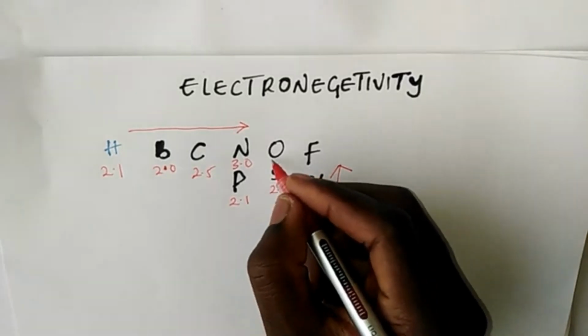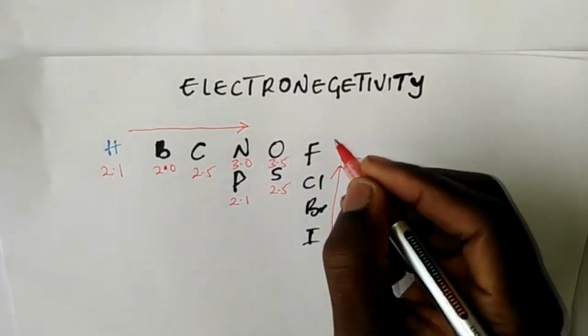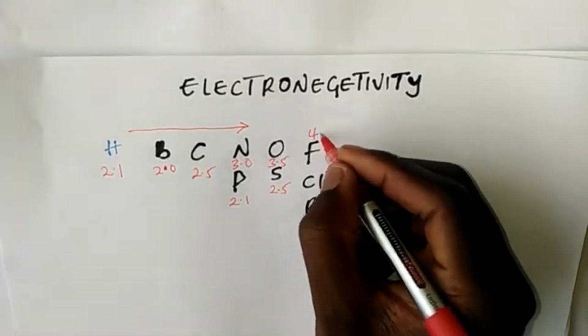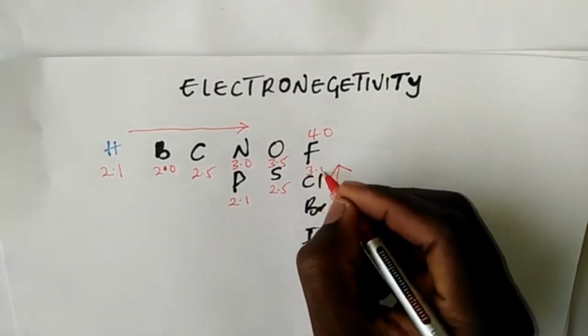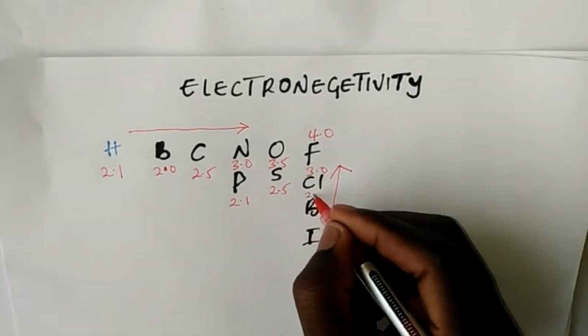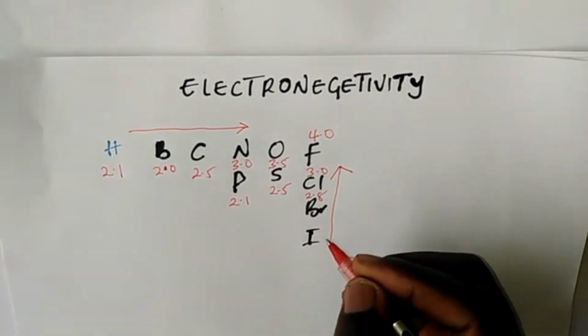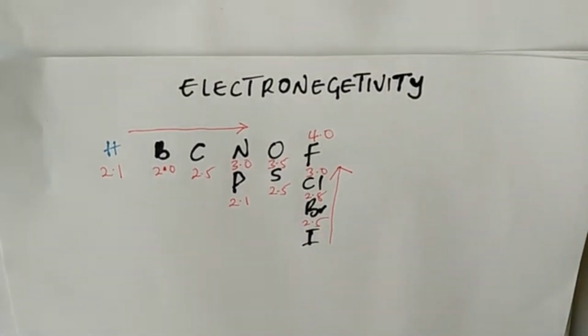Electronegativity of oxygen is 3.5, and electronegativity of fluorine is 4.0. That of chlorine is 3.0, that of bromine is 2.8, and that of iodine is 2.5. So this is the electronegativity of these elements. If you look at it carefully, you see fluorine has 4.0, which means fluorine is the most electronegative element.